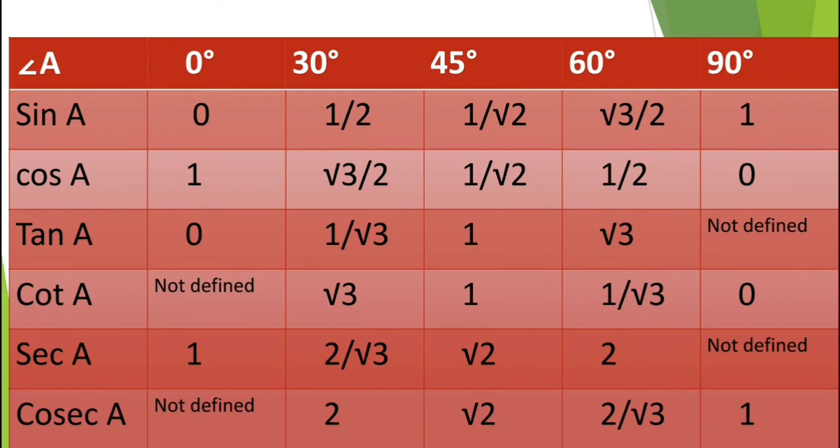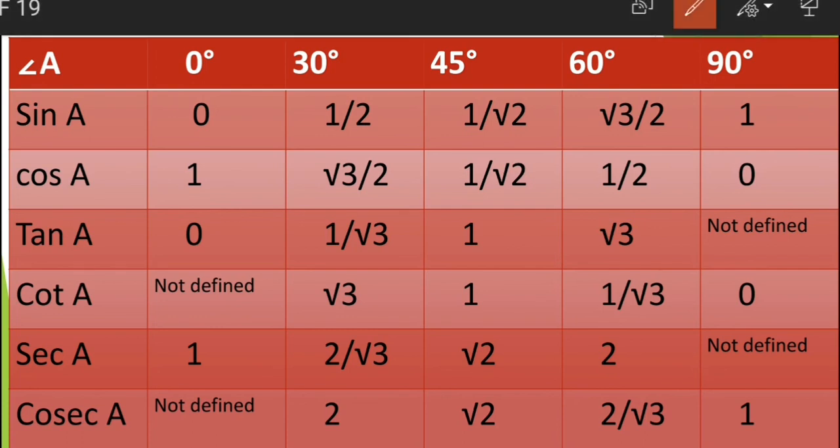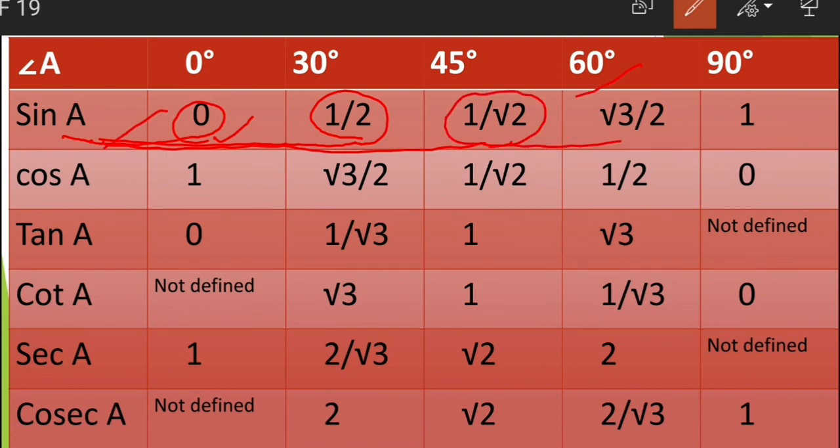Okay, just see the table. In table format it is given, and you have to practice like this. Sin 0 degrees value is 0, sin 30 degrees is 1 by 2, sin 45 degrees is 1 by root 2, sin 60 degrees is root 3 by 2, and sin 90 degrees is 1.